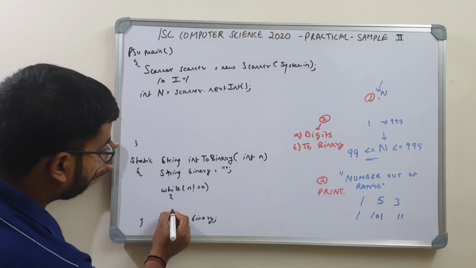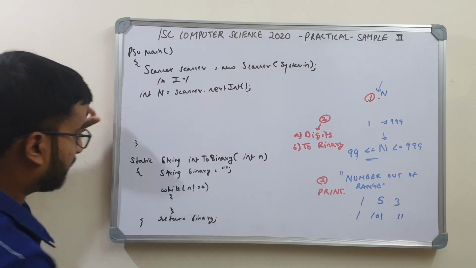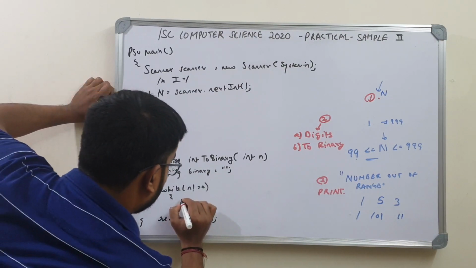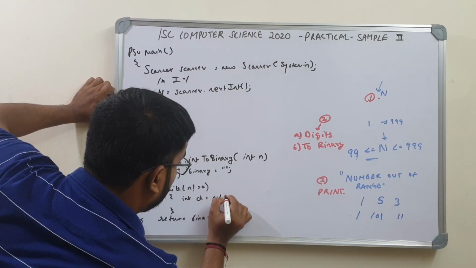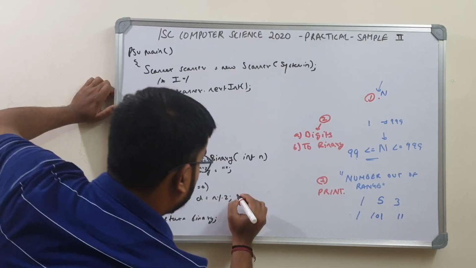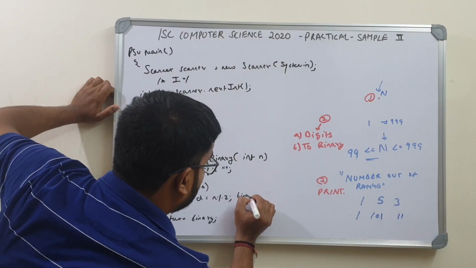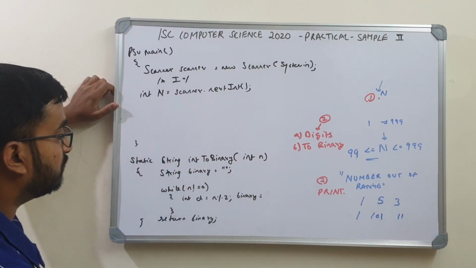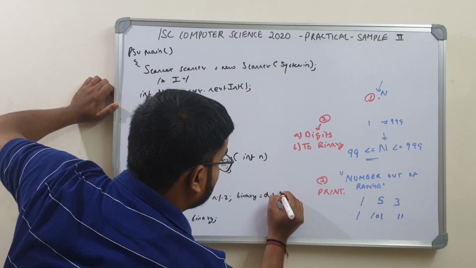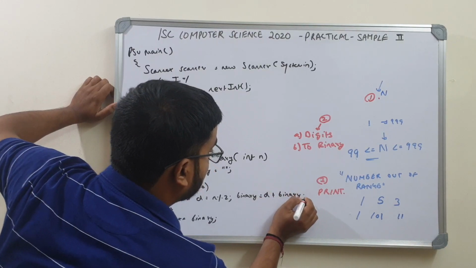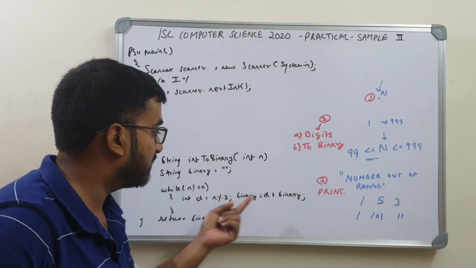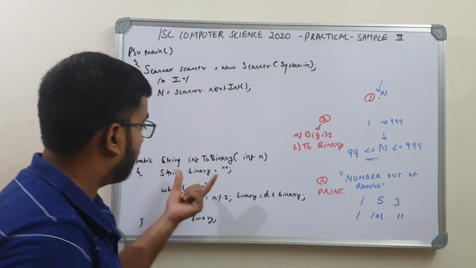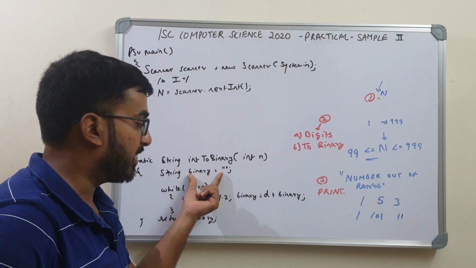So I'm going to say int d equals n%2, right? Binary equals d plus binary, that is concatenating this remainder d to the already accumulated binary value.